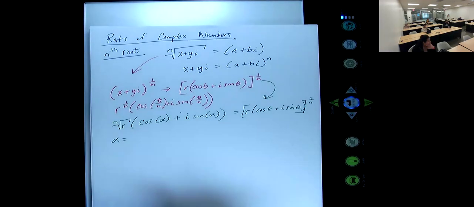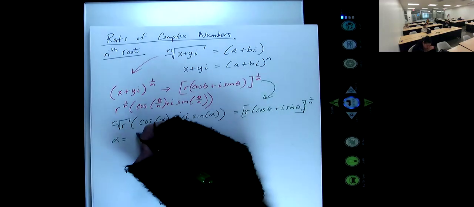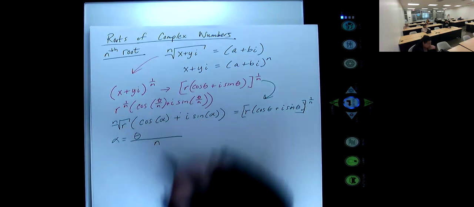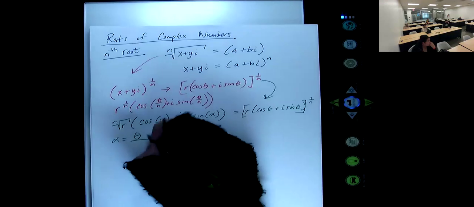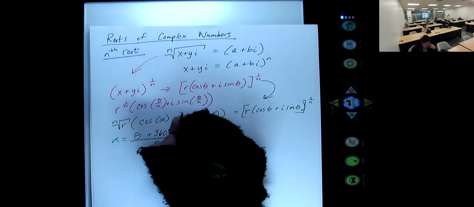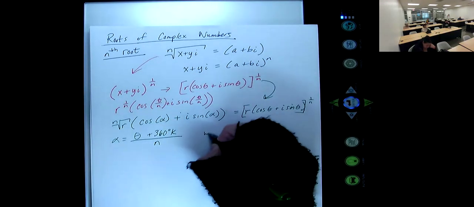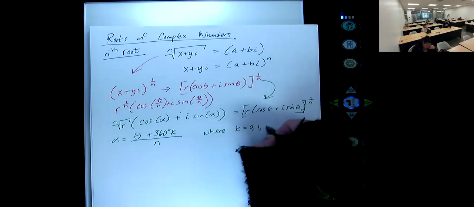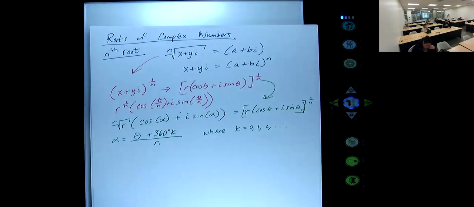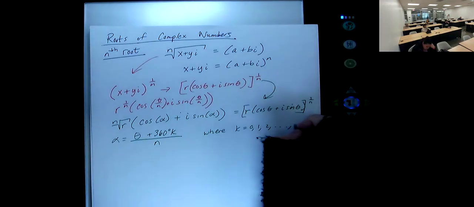Alpha is going to be, well, if we're working in degrees, it looks like theta over n is part of it. But every loop that has the same thing still works also. So it's going to be 360 degrees times k, where k is an integer up to n minus 1.